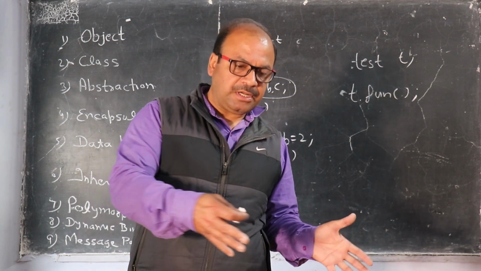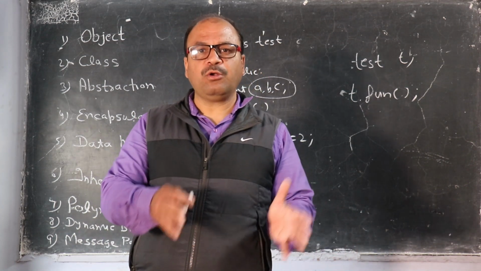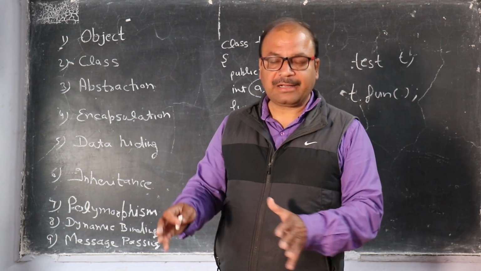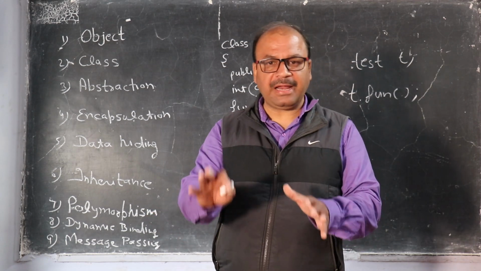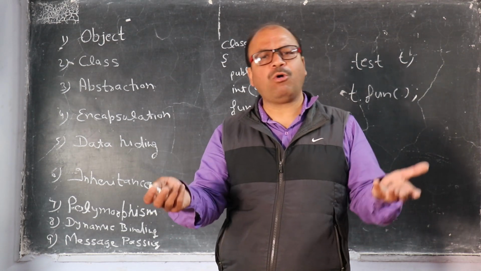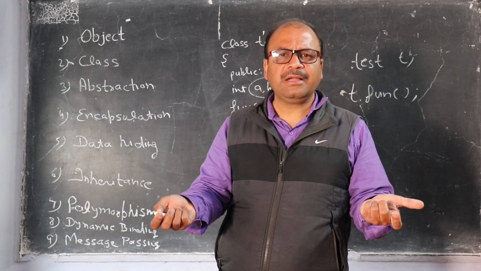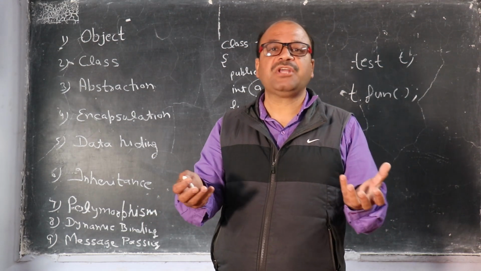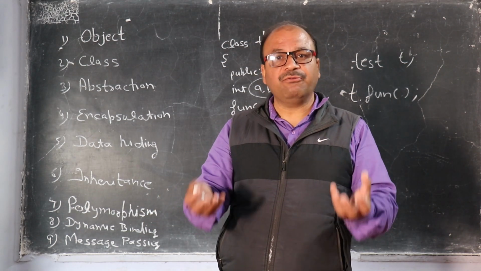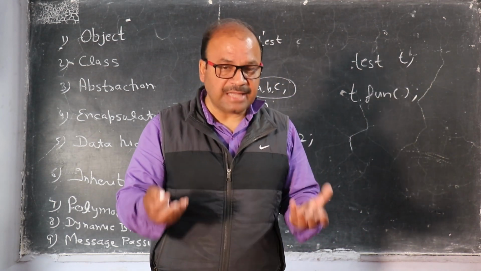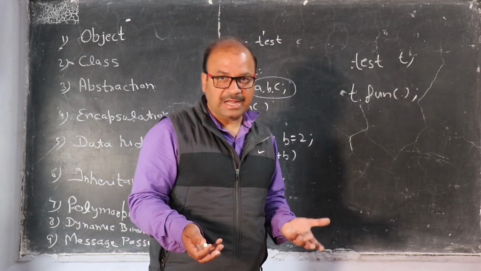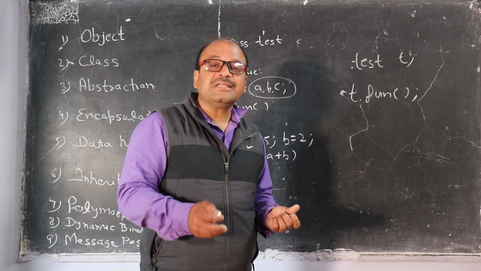There is abstraction in a car. I know how to operate the car. I know the accelerator, brake, clutch, pedal control, steering wheel. Only the basic functionality which is visible, I can access that basic functionality of the class, right? So this is the abstraction.